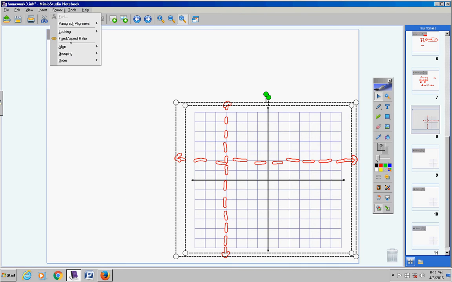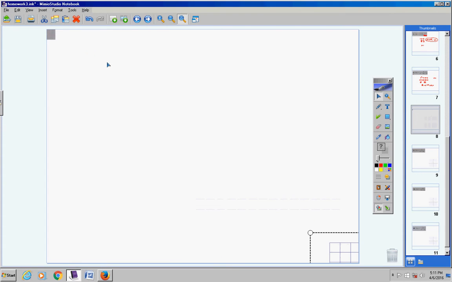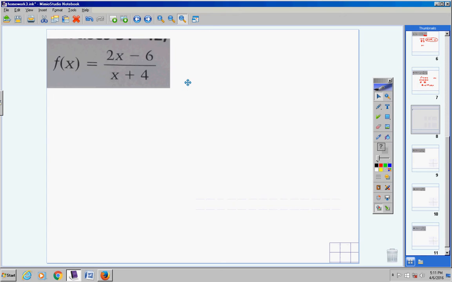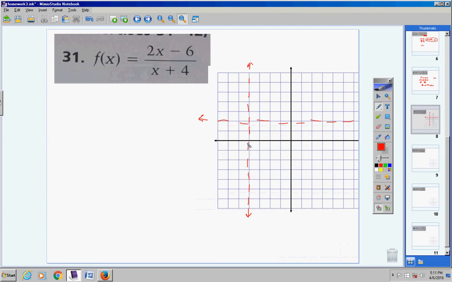Now let's go ahead and slide this back down so we can get back to our table of values now. And actually I shouldn't have done that. My vertical asymptote is negative 4. So I'm going to try to get about 7 or 8 values up here. I'm going to put negative 4 right in the middle.